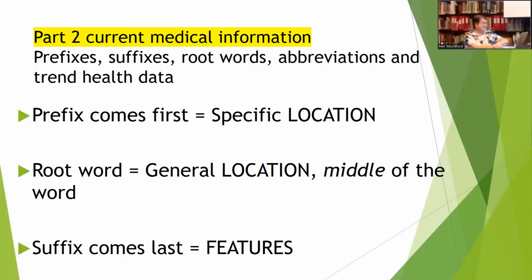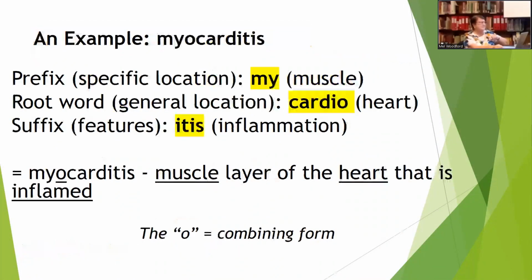Now, you probably are all aware that the prefix comes first. I'm going to give you an example in the next slide, and I think it will illuminate it better. So the root word is in the middle of the word, and the suffix comes last. If I give you this example of myocarditis, the prefix is specifying the location, in this case MY means muscle.